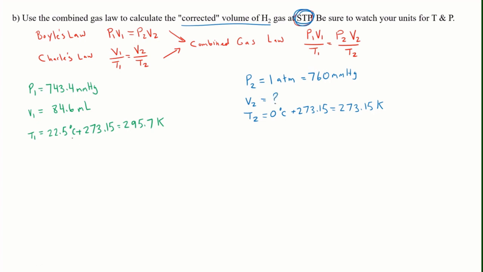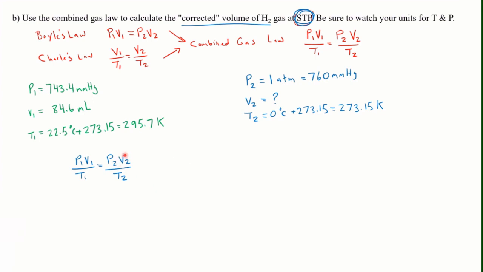Okay, so I have my equation, my combined gas law, let me rewrite it. P1 V1 over T1 equals P2 V2 over T2. And I am looking for V2.